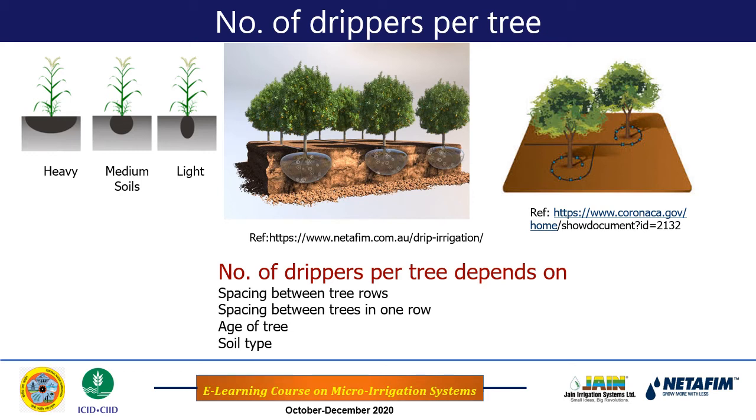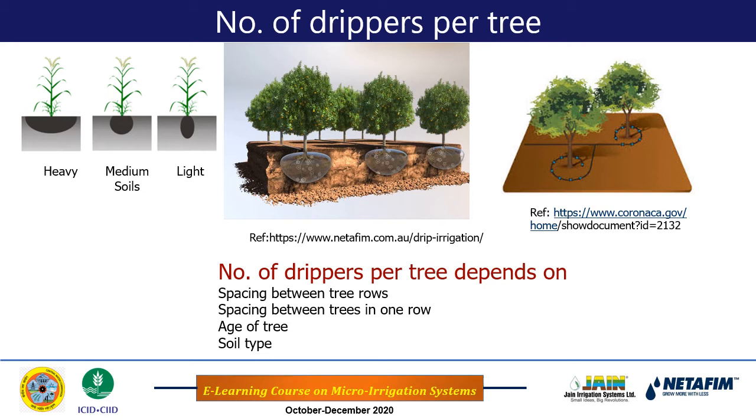So I will give just one example of how we differentiate between this. Say for example, there are two kinds of orchard plantation, fully grown. Say one is the pomegranate having spacing of 3 by 4.5 meter, and another is the citrus plantation having the spacing of 6 by 6 meter.